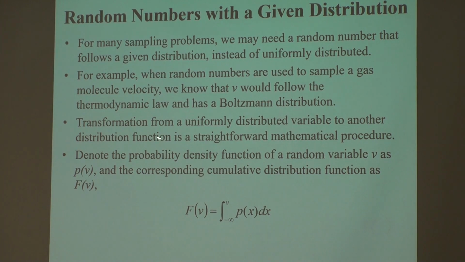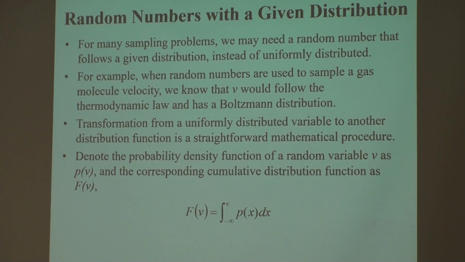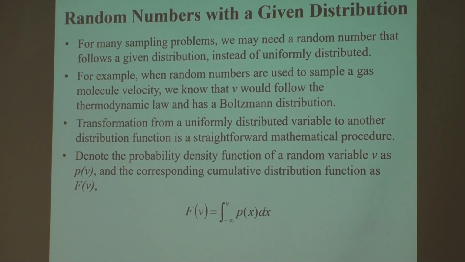So how do you transform from the uniform distribution in your computer Monte Carlo simulation, where I can call my language to get a uniformly distributed random number, to another distribution function? That is the procedure I'm going to introduce to you. The procedure is simple. It comes together with the definition of the CDF, the cumulative distribution function.